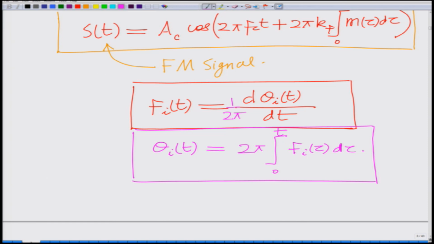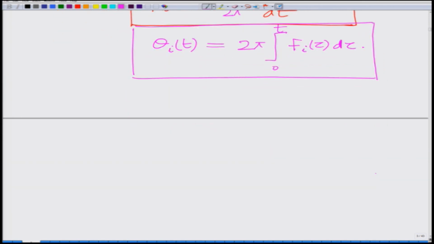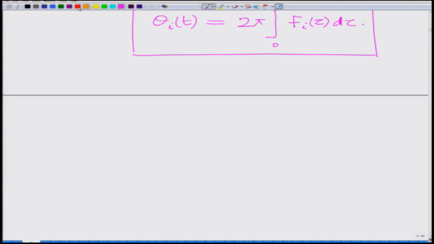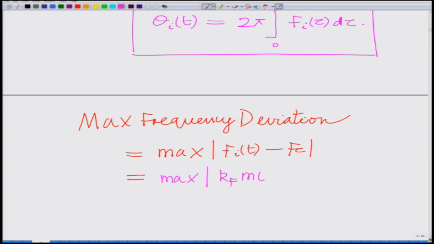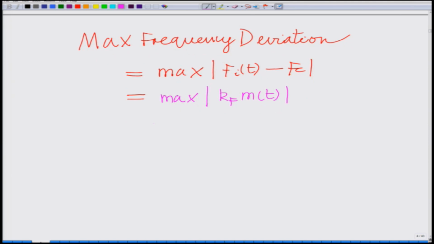And further, one can define the peak frequency deviation, the maximum frequency deviation, as the maximum of the magnitude of f_i(t) minus f_c, which is equal to the maximum of k_f times m(t), which is k_f times the maximum of the magnitude of m(t).